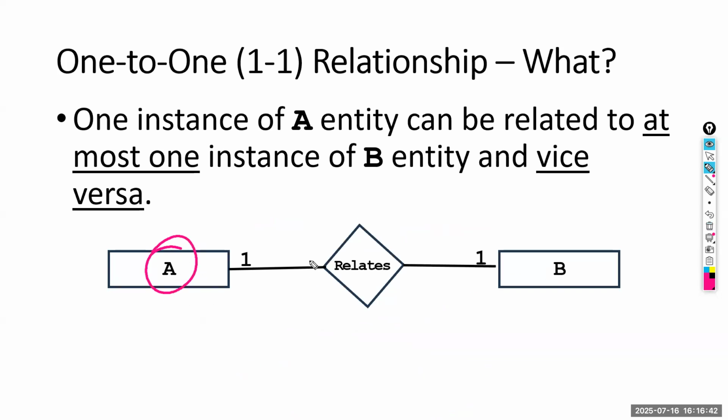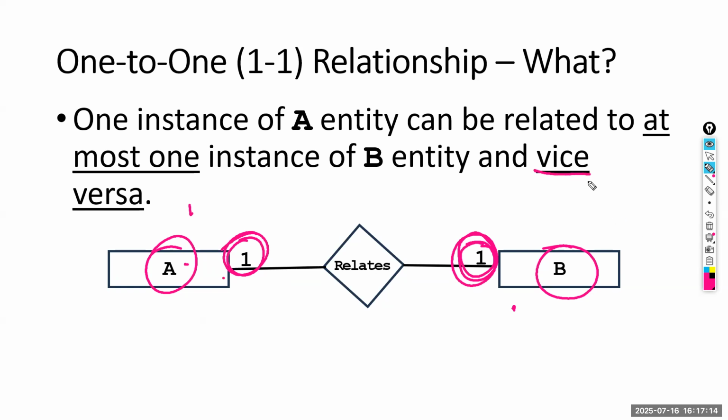Say we have entities A and B. We say that the relationship between A and B is one-to-one if one instance of A is related to one instance of B, and one instance of B is related to one instance of A. Only then is it one-to-one.